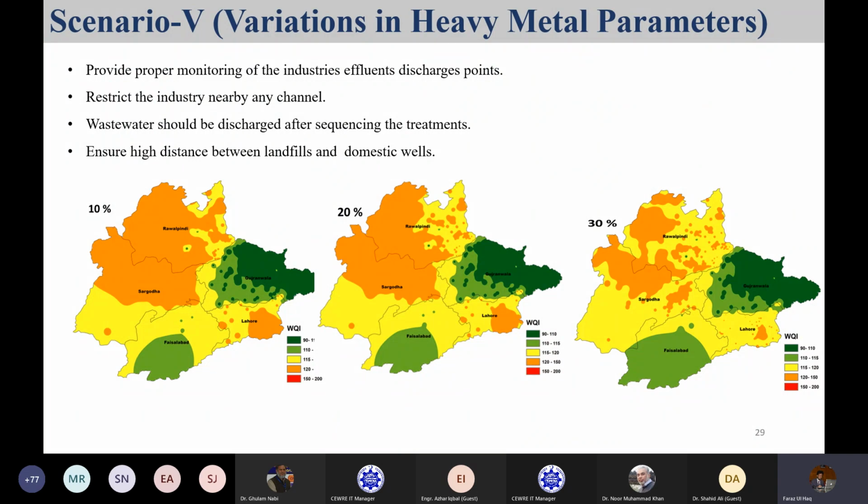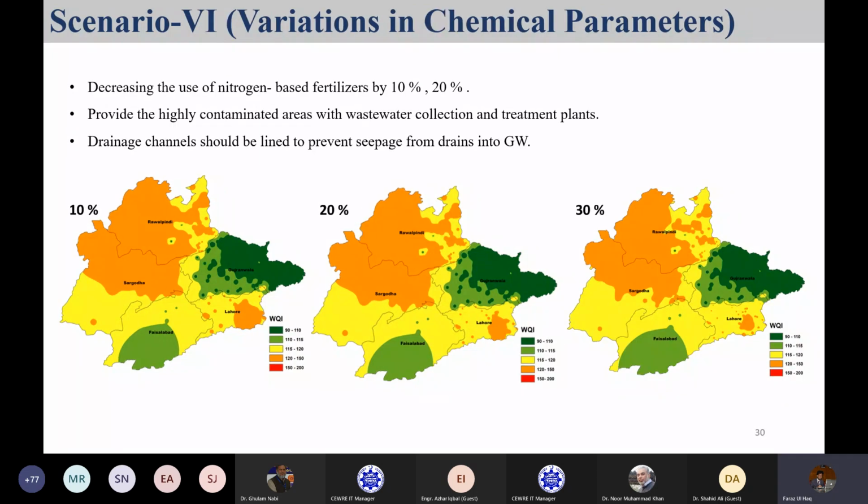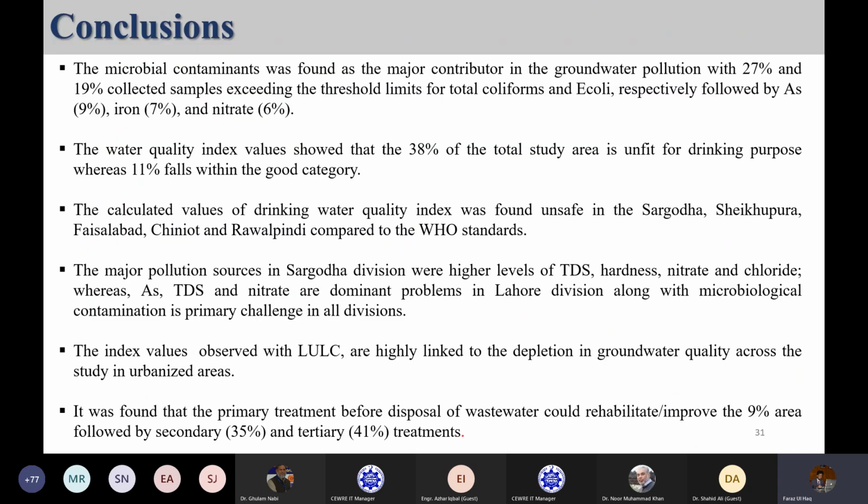By adopting these strategies, we can control the source of the heavy metals, that is mainly due to the discharge of untreated industrial effluents. Following by the variations in the chemical parameters, by adopting these strategies, we can control the major contaminants such as nitrate, calcium, and the TDS in the groundwater.